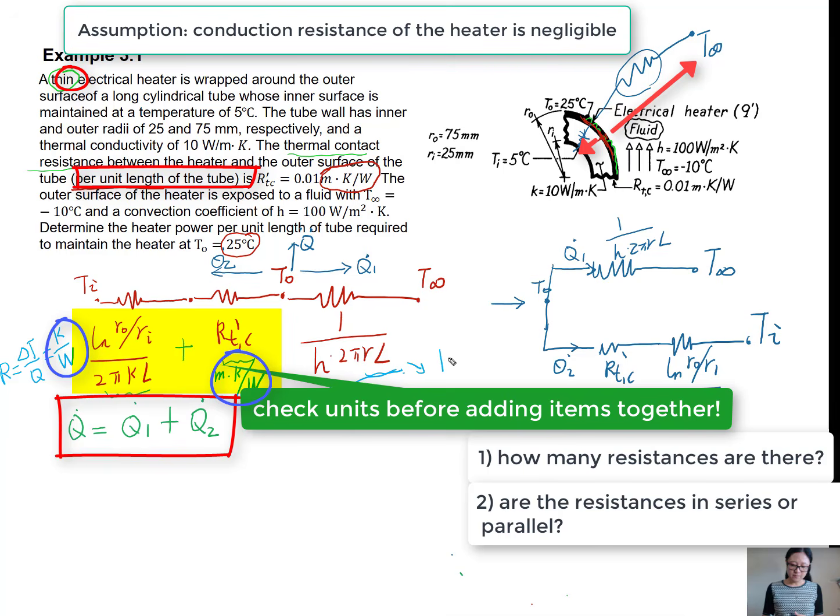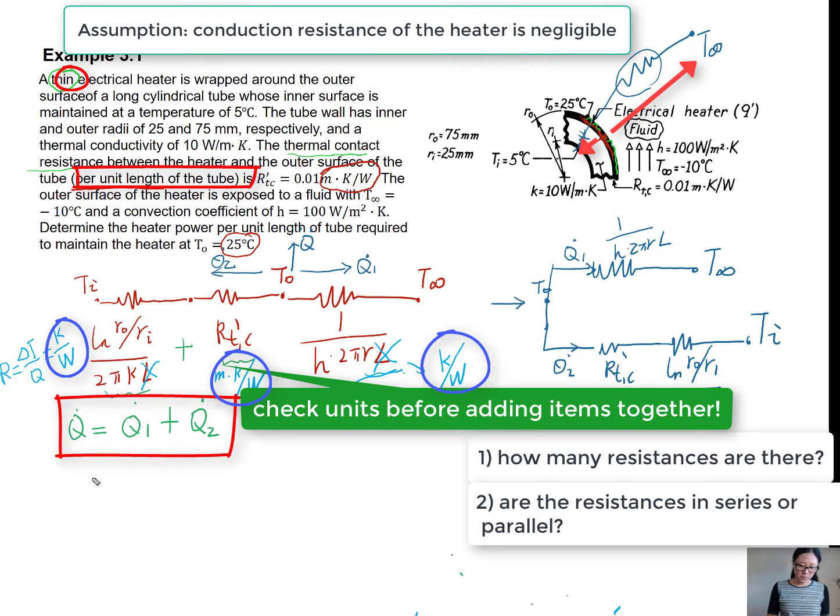If we want to add them together, we need to make sure the units are consistent. Since this is resistance per unit length, this should be per unit length too. If we just remove this L, this is the conduction resistance of the cylindrical pipe per unit length. And this is the convection resistance of the pipe per unit length.